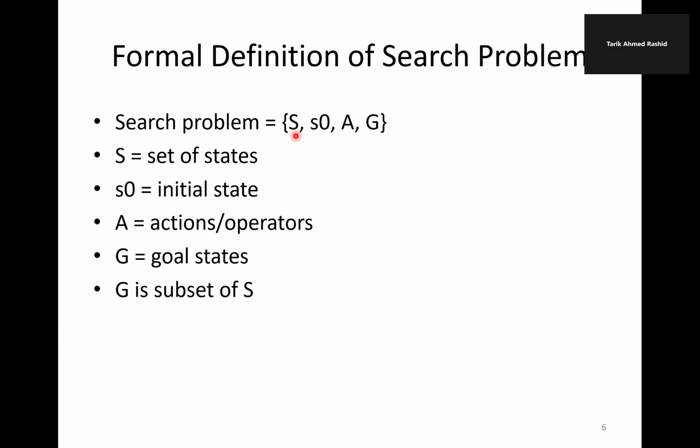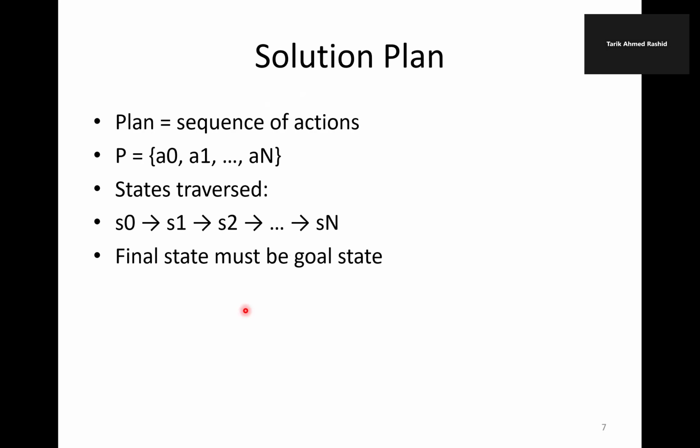Now, S is a set of states, S0 is the initial state, A is a set of actions, and G is a subset of states. Now, a plan is a sequence of actions.